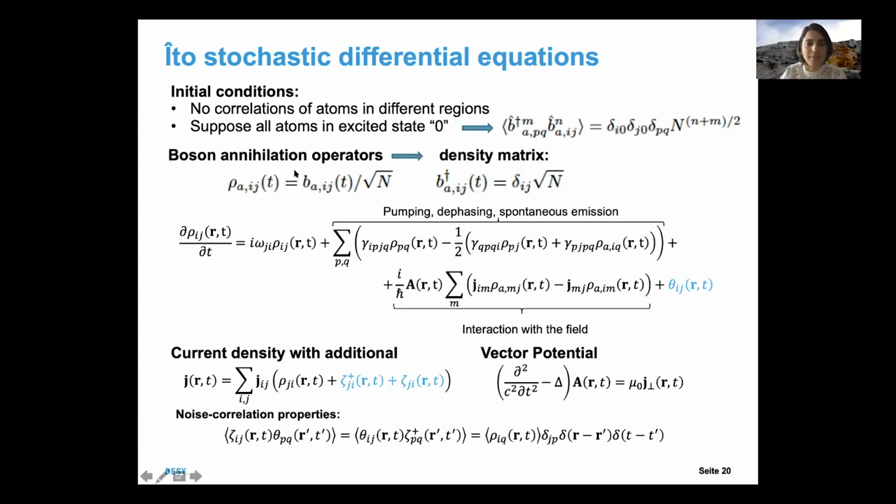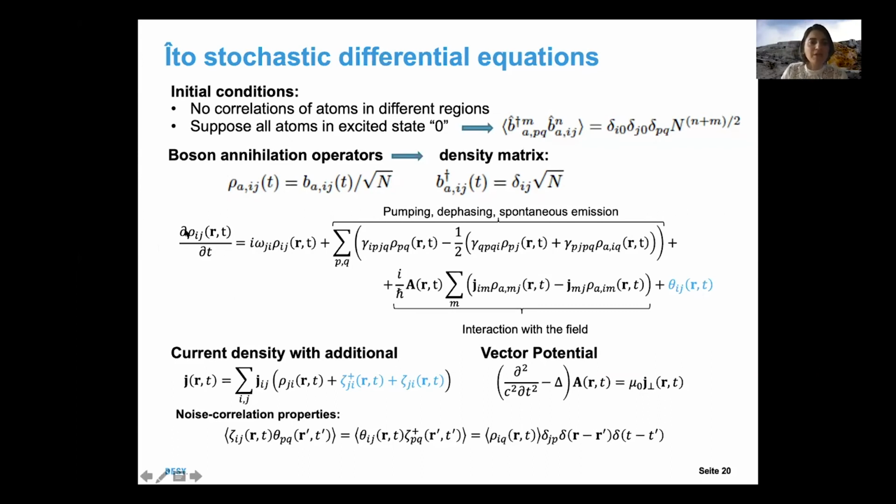Then one sees that this quantity B that's related to the annihilation operator can be interpreted as a density matrix of the system, and we end up with equations that are very similar to the Maxwell-Bloch equations, but now with derived noise terms that have well-defined statistical properties and that recover the quantumness of the system.